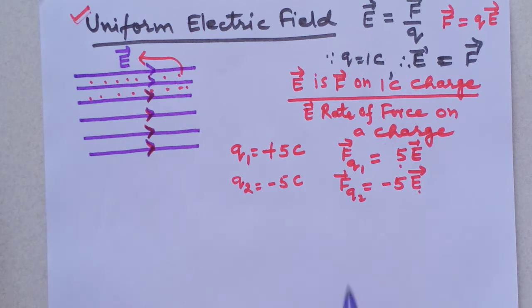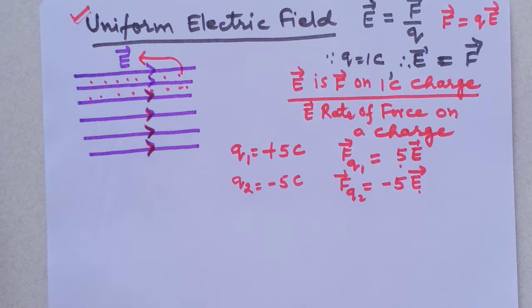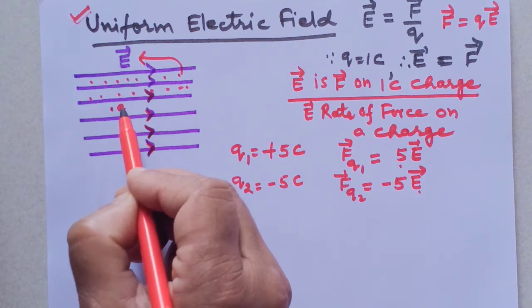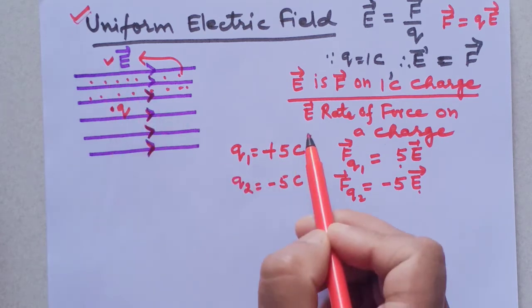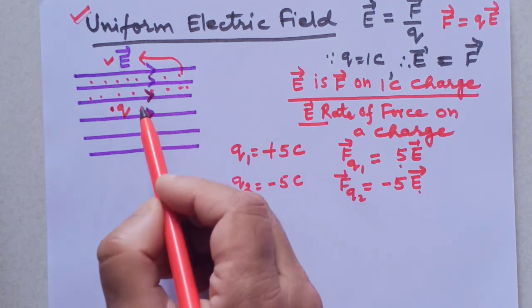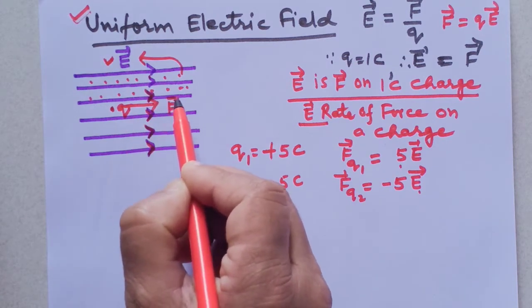So if charges are kept in the electric field, suppose now let me place a charge Q here. Since electric field intensity is E, that is the ratio of the force, then force on this charge will be along this direction.